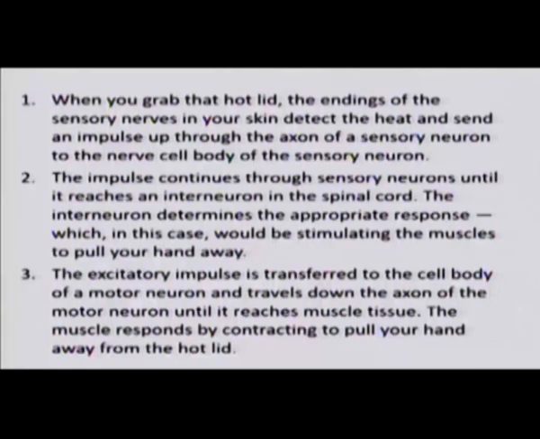The interneuron determines the appropriate response, which in this case would be stimulating the muscles to pull your hand away. 3, the excitatory impulse is transferred to the cell body of a motor neuron and travels down the axon of the motor neuron until it reaches muscle tissue. The muscle responds by contracting to pull your hand away from the hot lid. So, there are 3 steps in this, and these 3 things are clearly numbered and clearly separated with the help of paragraphing technique.